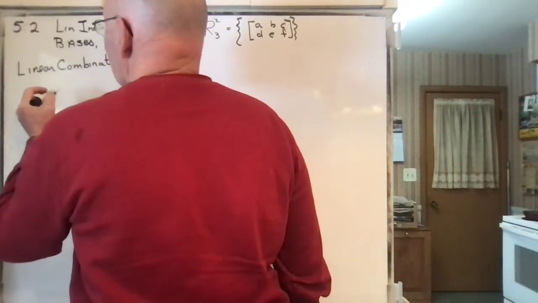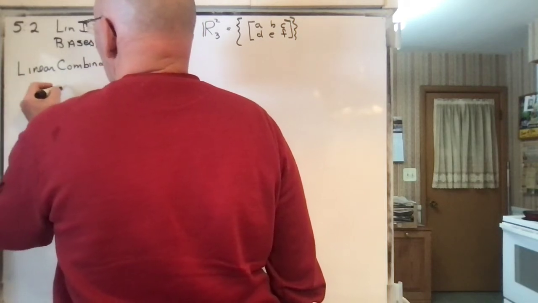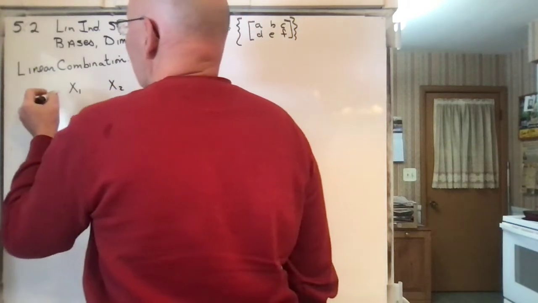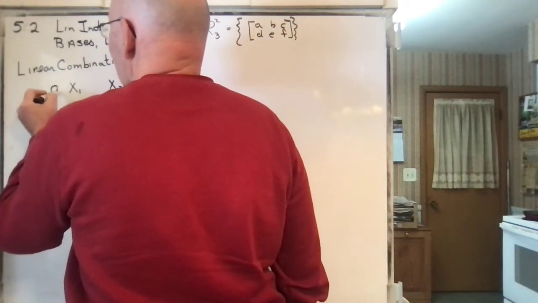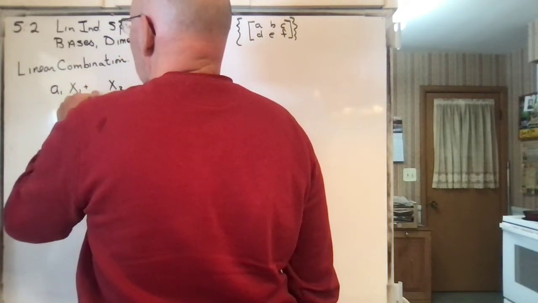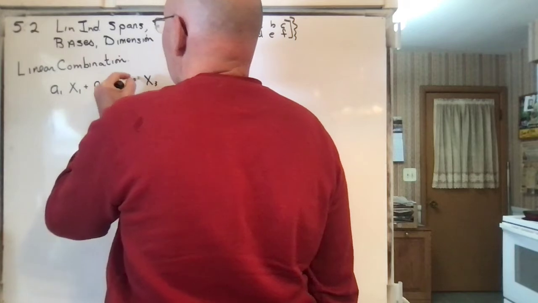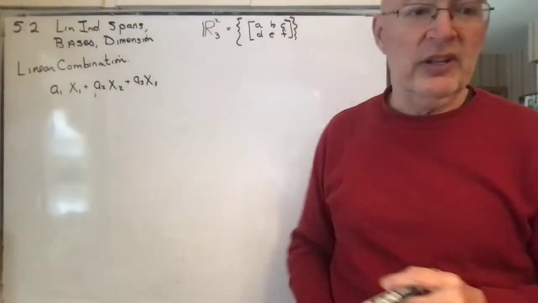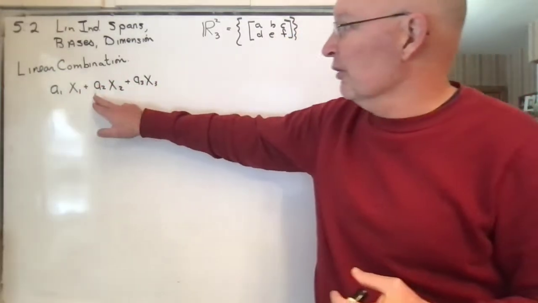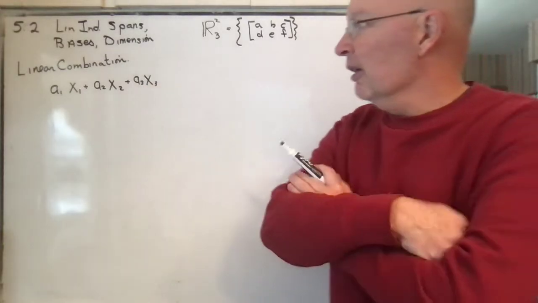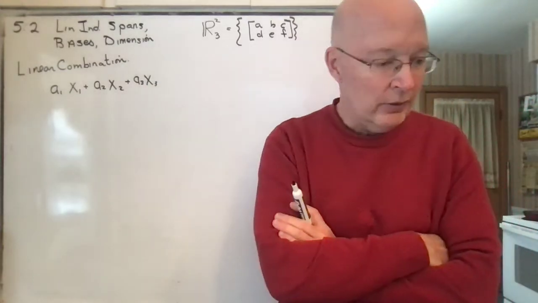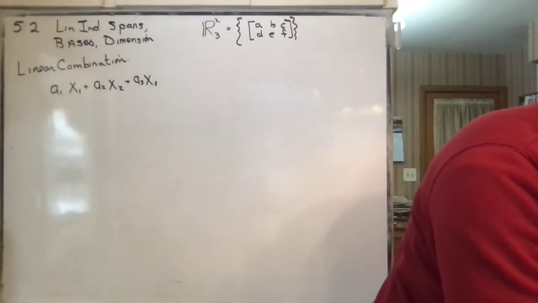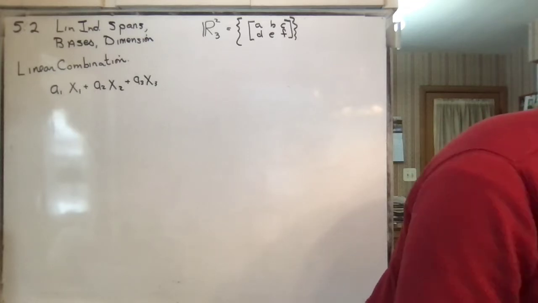If you have a vector space with vectors x1, x2, and x3, and you multiply them each by a constant, a1 x1 plus a2 x2 plus a3 x3, that's a linear combination of vectors. As I say, you do everything you can. That's all you can do with vectors. You can multiply them by scalars, and you can add them together. So that's called a linear combination. That's the first thing you need to understand from section 5.2.